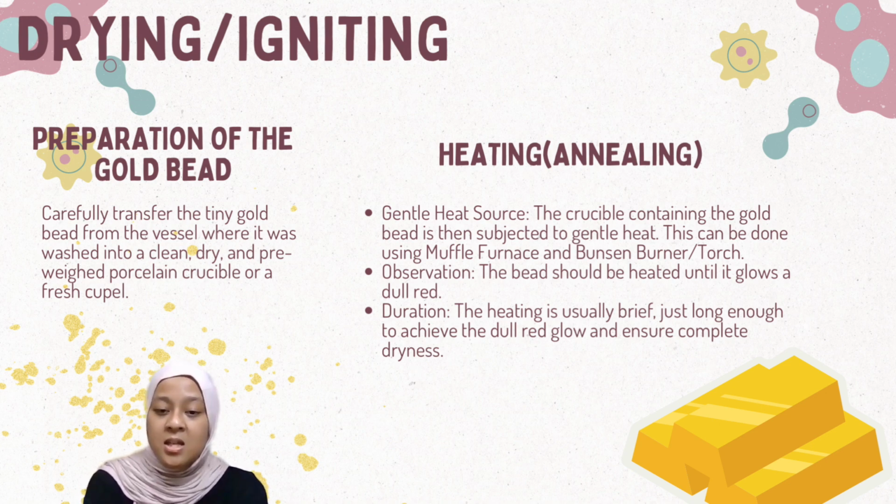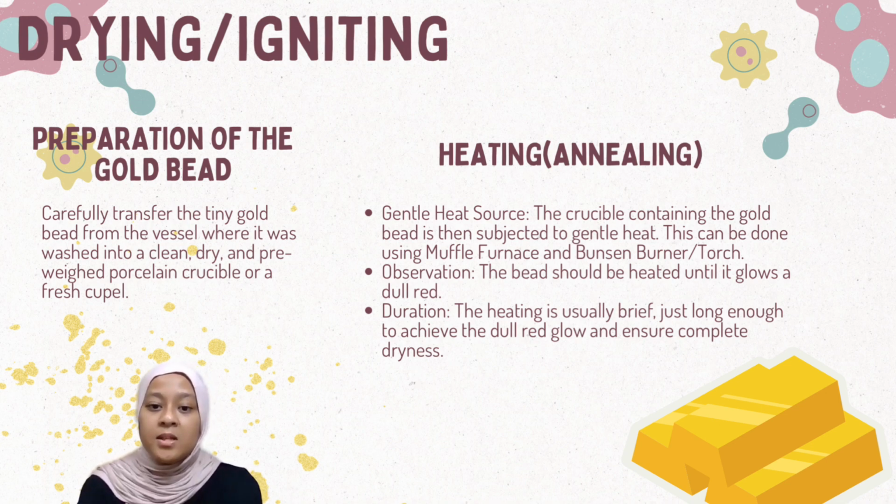The second is a Bunsen burner or torch, holding the crucible with tongs over a low Bunsen burner flame or a small torch. The key is to apply gentle, even heat.